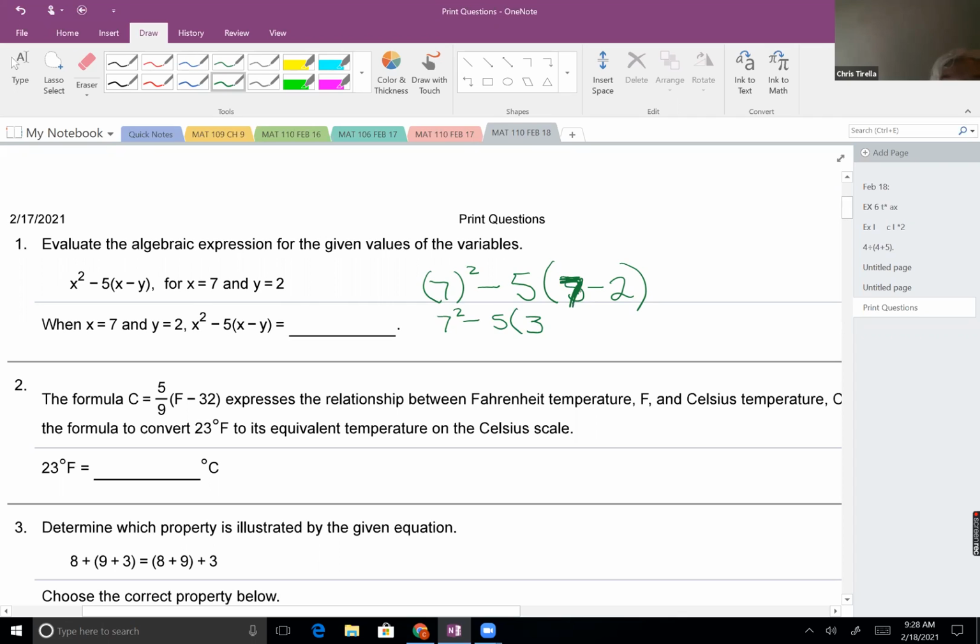Guys, yell at me when I make a typo. 7 minus 2 is 5. Then exponents, 7 squared is 49. Then multiplication, 5 times 5 is 25. 49 minus 25 is 24. At the beginning of the semester, for some folks, I think work like that seemed a little involved. Does it seem easier now that we've added so much to our knowledge?